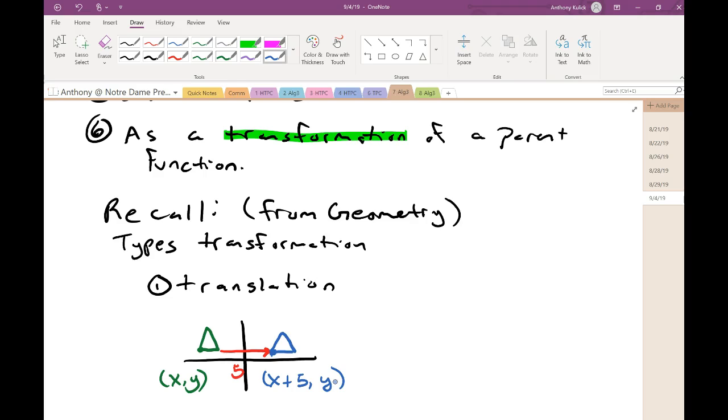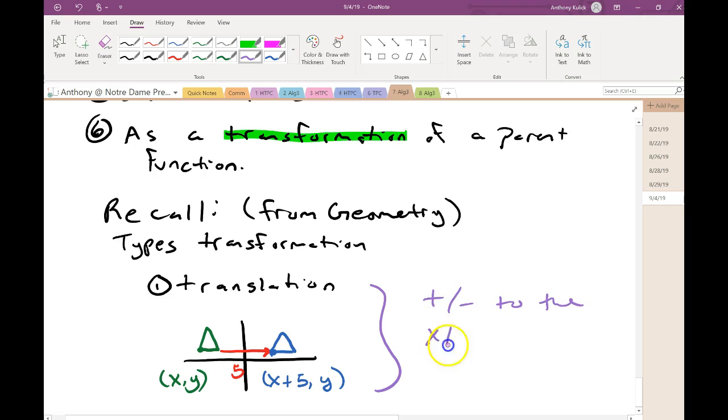So for a translation, we are adding or subtracting to the x or y coordinate. Everybody okay with that?